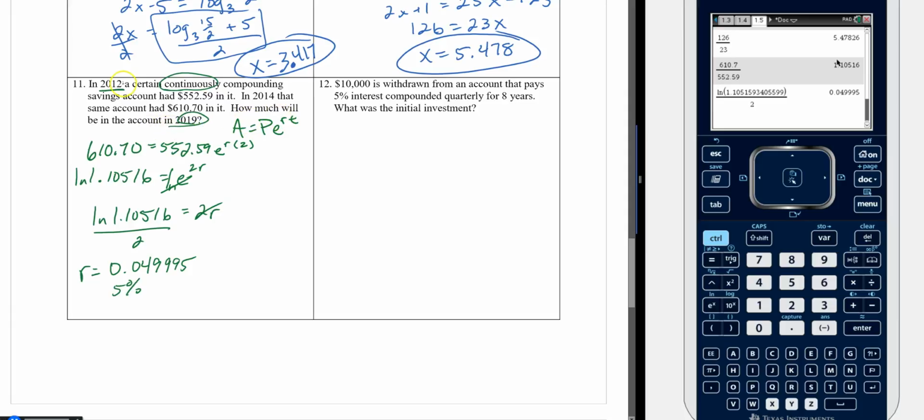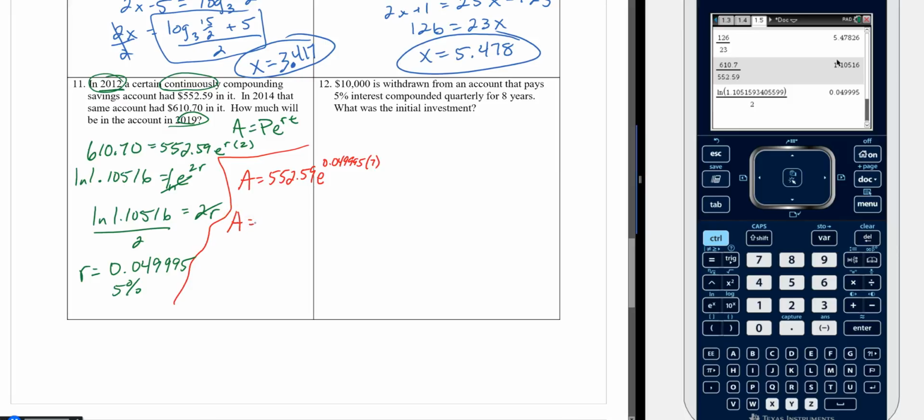Well, that's 7 years after 2012, so I'm going to go back to my interest formula. I'm going to plug in 7 for t with my interest rate and find A. So I get A equals my initial 552.59 e to the 0.049995 times 7.